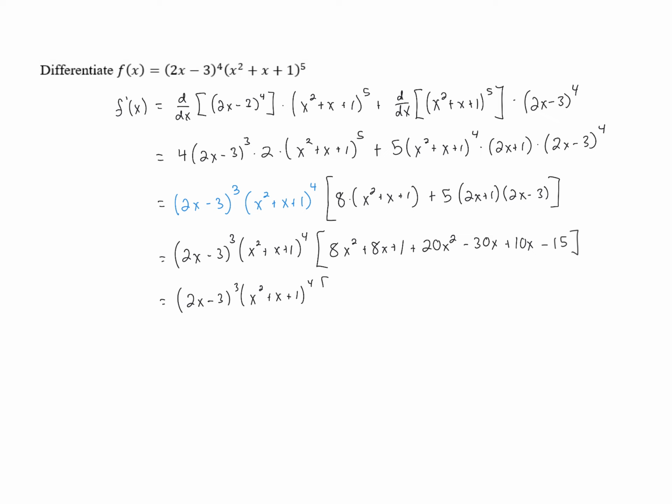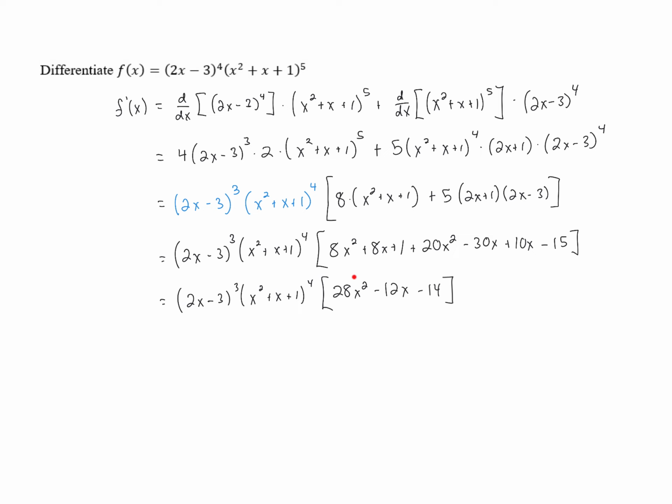And then if we combine like terms, the x squared terms, 8x squared plus 20x squared, gives us 28x squared. If we look at the linear terms, 8x plus 10x is 18x, but then 18x minus 30x is going to be negative 12x. And then if we look at the constant terms, 1 minus 15 is negative 14.